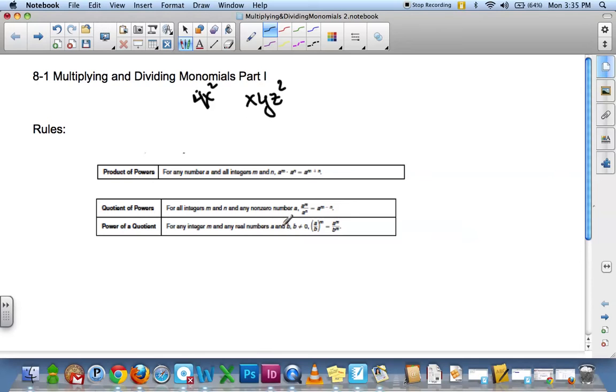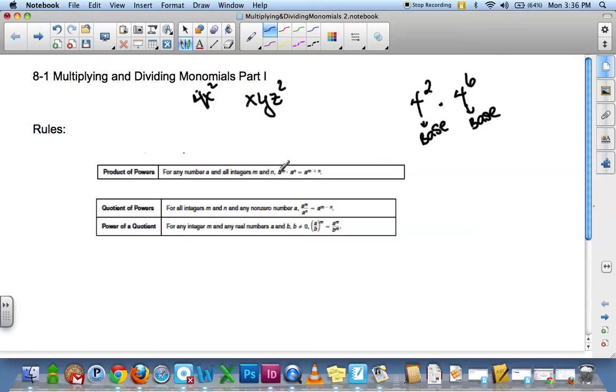The first set of rules that we're going to talk about are the product of powers, which just means that if we are taking two numbers that have common bases, so let's say we had 4 squared and 4 to the 6th power. If we are multiplying these two, the bases, which are the 4's, in each of our parts need to be the same.